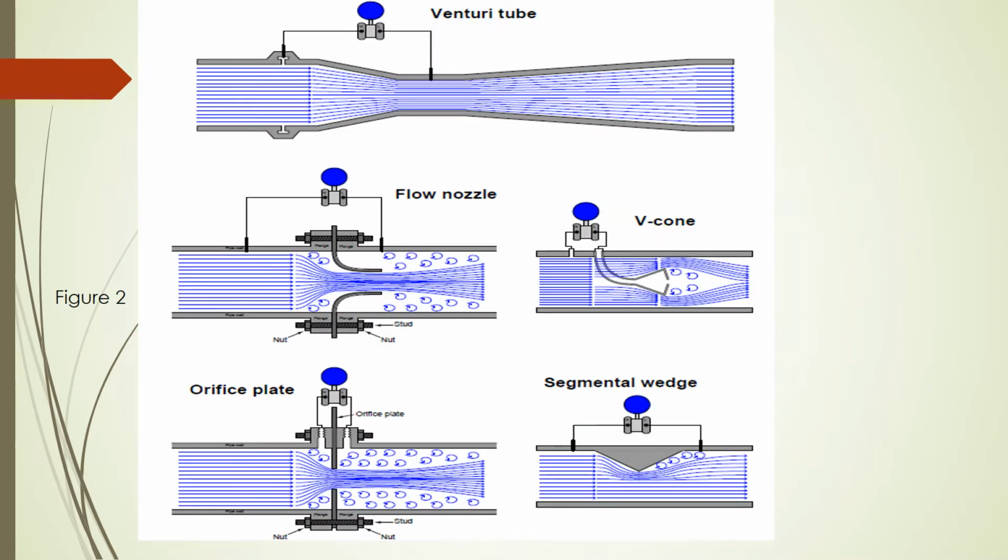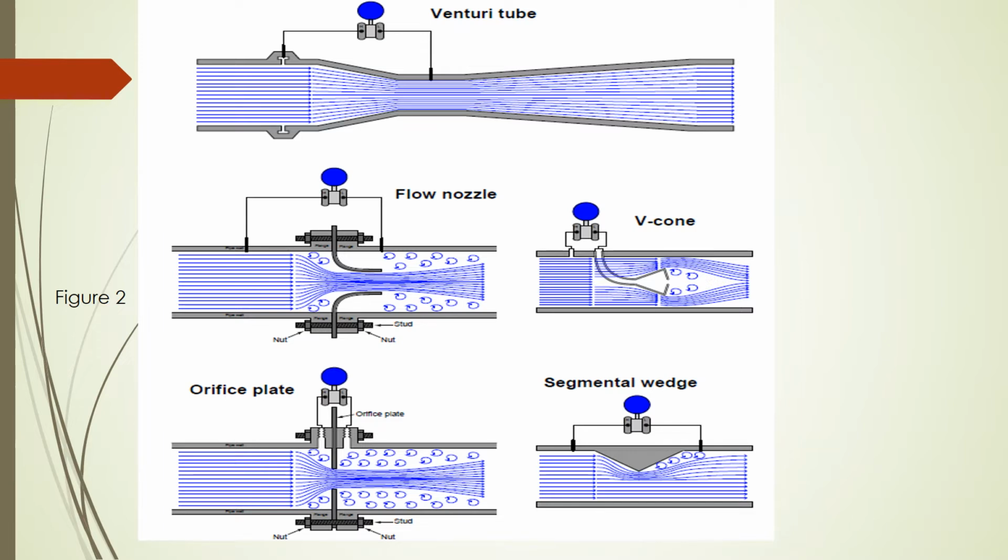In figure 2, we are going to see five pressure differential elements: the Venturi tube, the flow nozzle, the orifice plate, the most commonly used one, the V-cone, and the segmental wedge. All of them have the same principle.